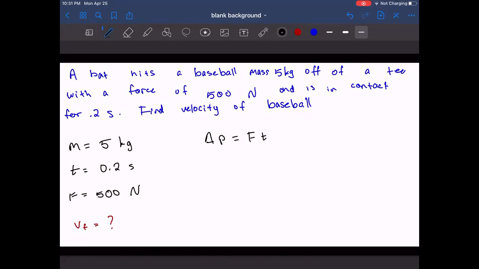If we're trying to find the velocity, would it make more sense to use P equals mv? Yes, okay, fine. Let's go through it. That would be the equation, right? And then I'll solve for vf. Yes, but we don't know this pf. I don't know what the final momentum is. They don't give us that.